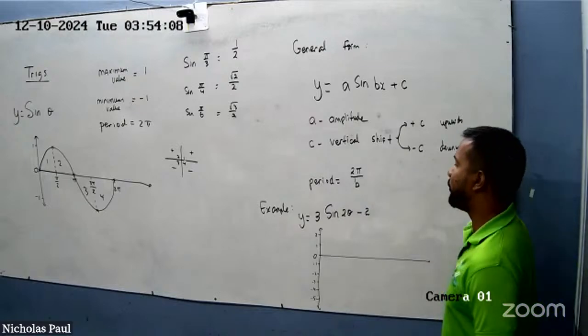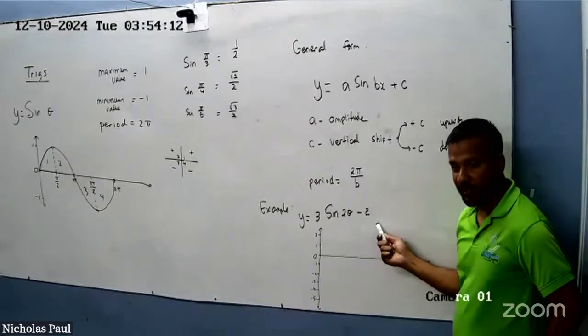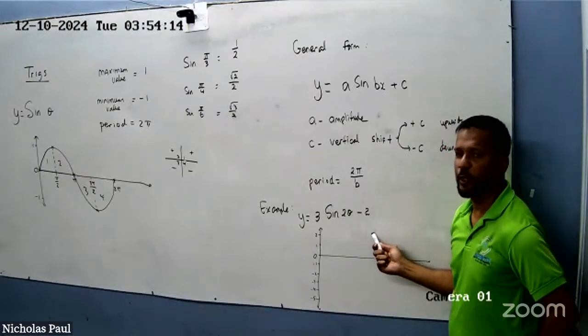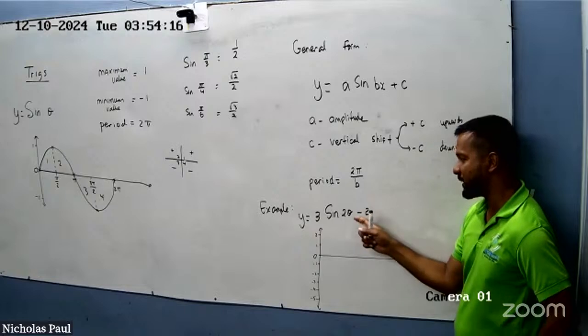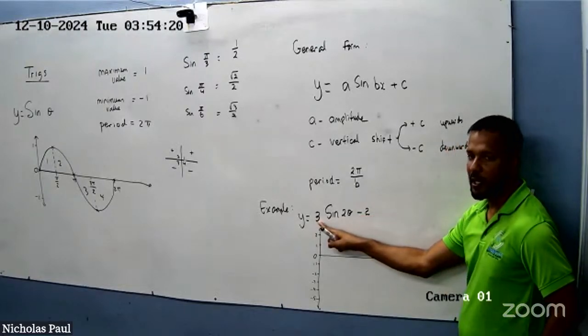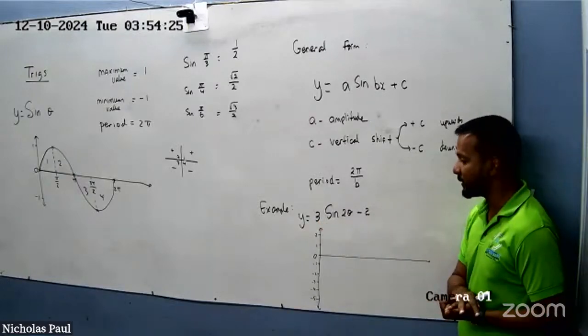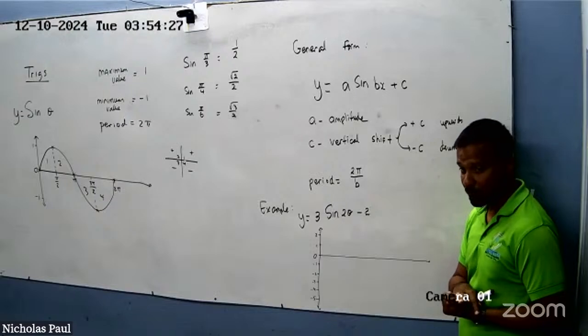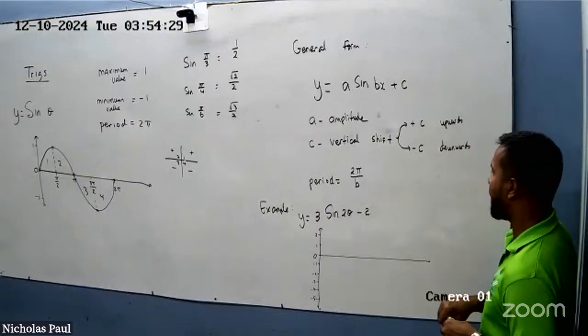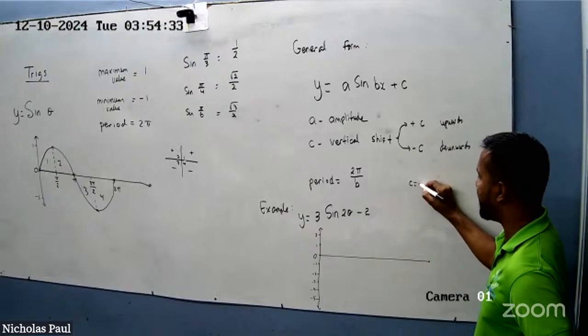So here's how we can work it out. We know that the graph is shifting downwards 2. We can't start with 3 because 3 represents the amplitude, but it doesn't tell us the maximum value. So I like to start with C, and I know that C is -2.